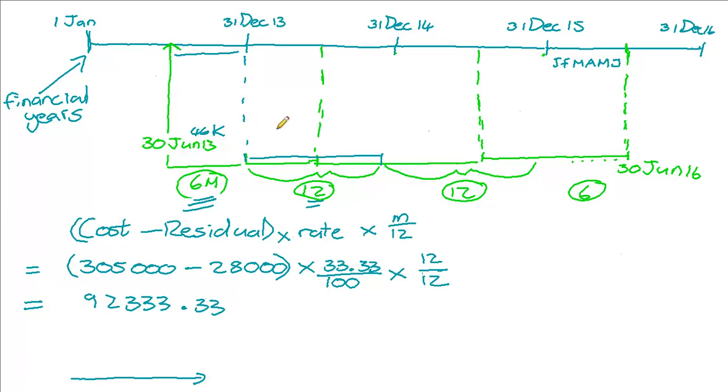This 12 months here, the usage amounted to roughly 92,000 Rand. So the accumulated usage up till the end of 31 December 2014 is going to be the 46 plus the 92.